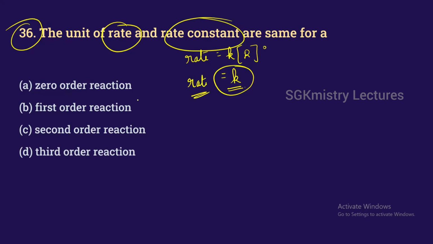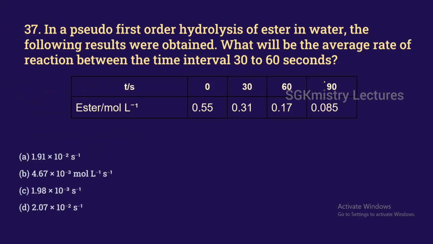So in the zero order reaction, the unit for both of them should be the same. For zero order reaction, the unit is mole per liter per second, that is concentration per time, for rate. So only for the zero order reaction, we have rate and rate constant having the same unit of mole per liter per second.